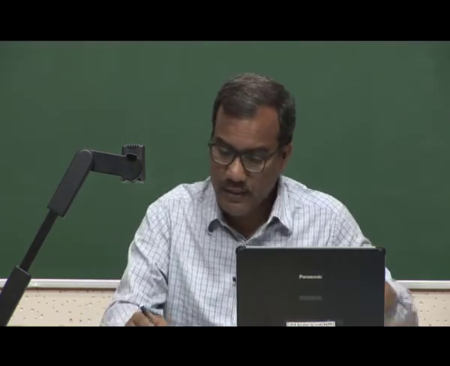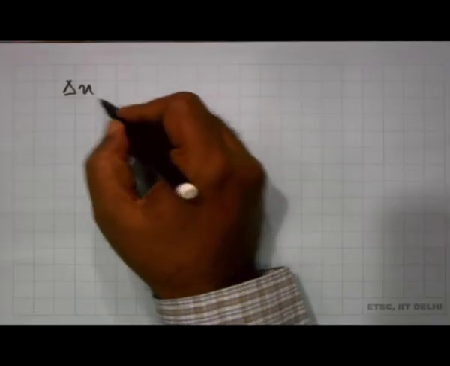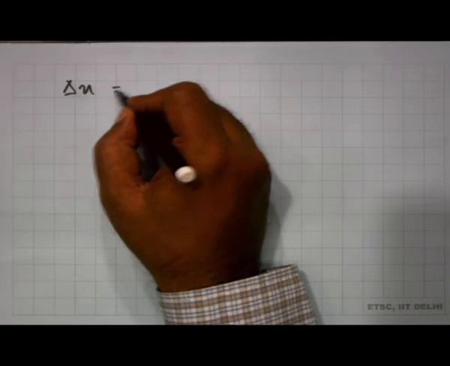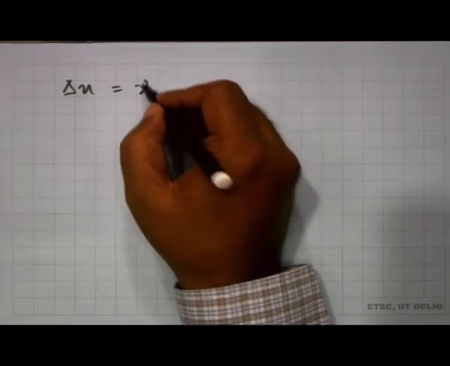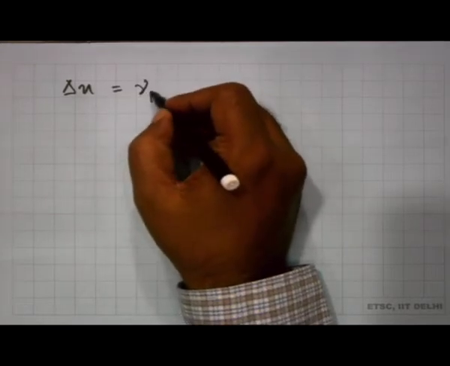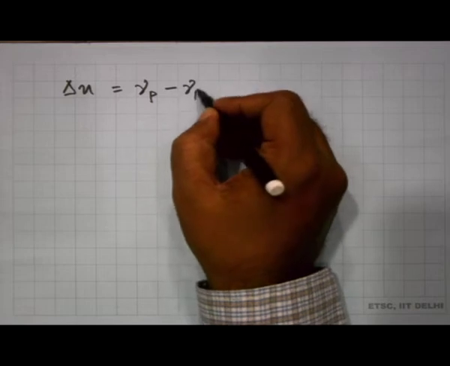So, delta N is the difference between the stoichiometry of product minus stoichiometry of reactant.